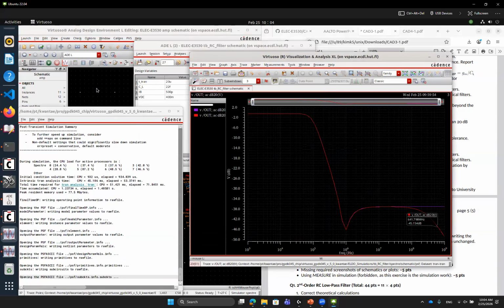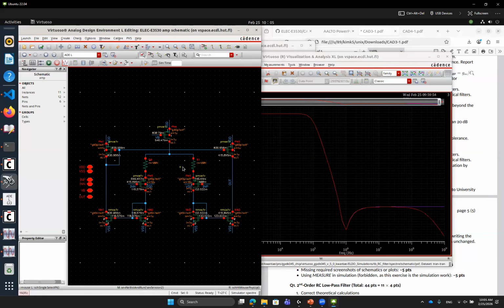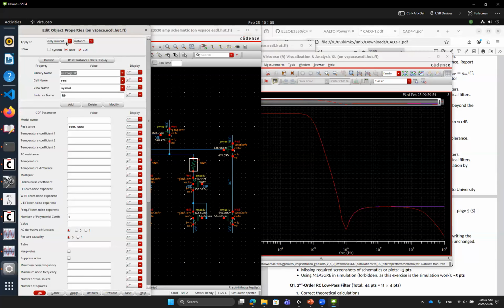Going down by adding resistance here. So you can increase the resistance value. So it adds some sort of pole frequency that is associated with the parasitic capacitance.